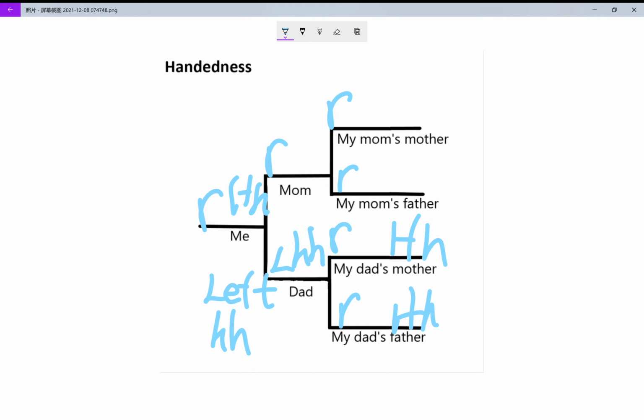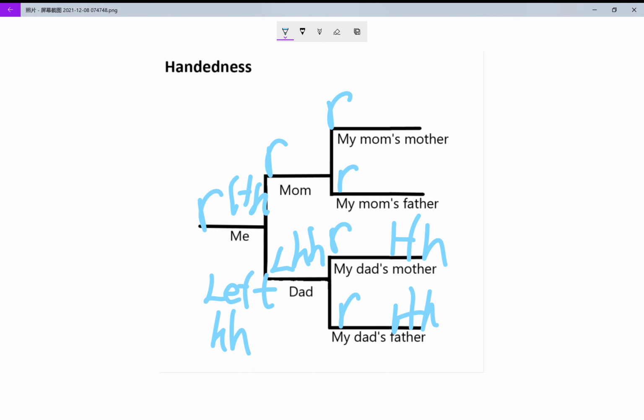So my grandfather's genotype should be a big R with a little r. And then because my mom cannot roll her tongue but my dad can roll his tongue, my genotype should be a big R with a little r. And my dad's genotype should also be a big R with a little r.